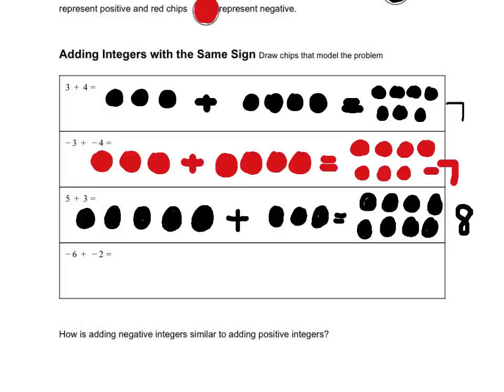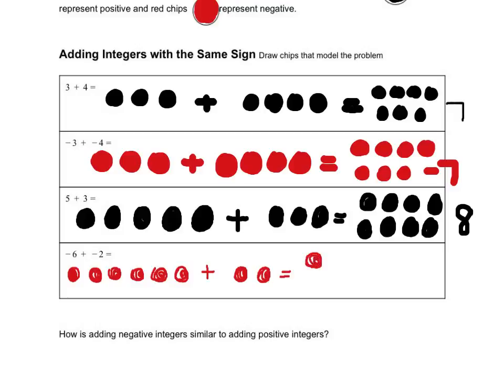Alright, next one, we're adding 2 negatives, so they do have the same sign, but because they are negative, I am going to switch to my red chips. So I have 6 of them. And I'm going to add to it an additional 2. When I look in, I see that I have all red.